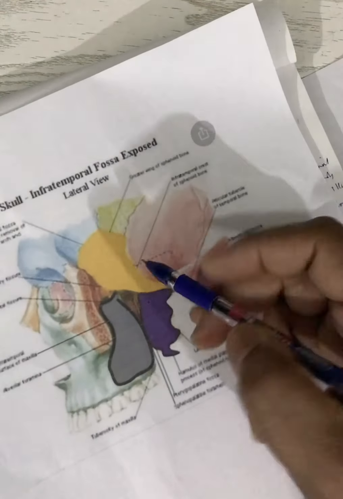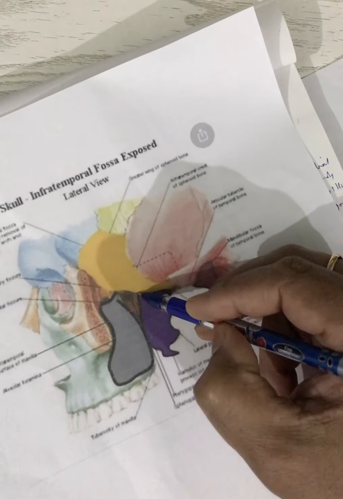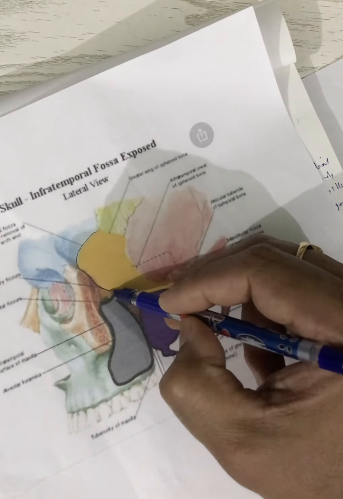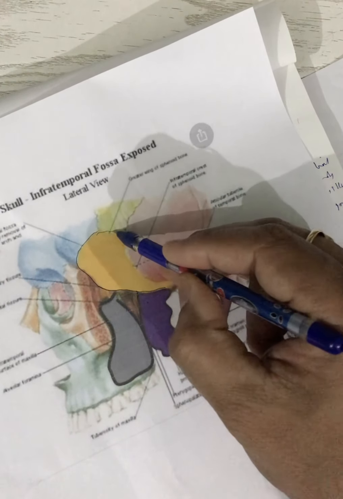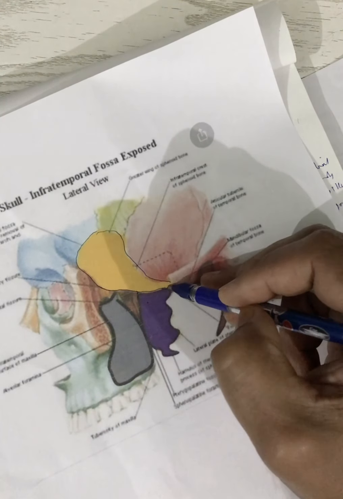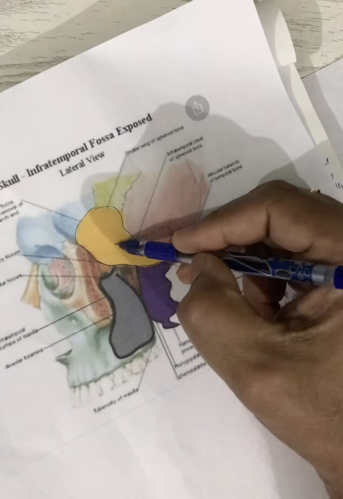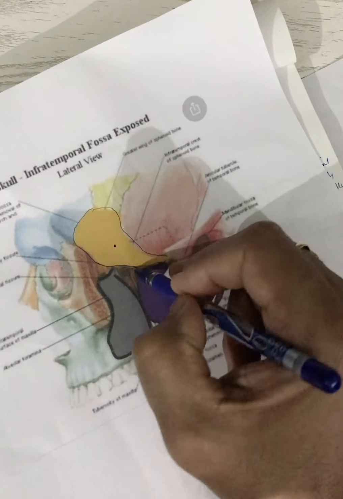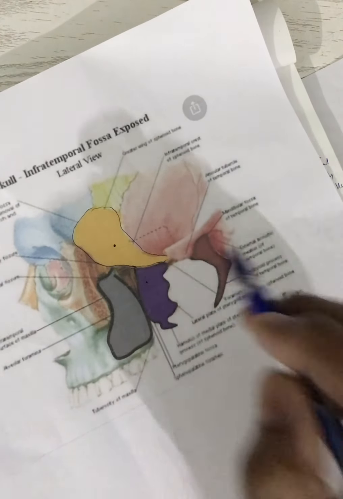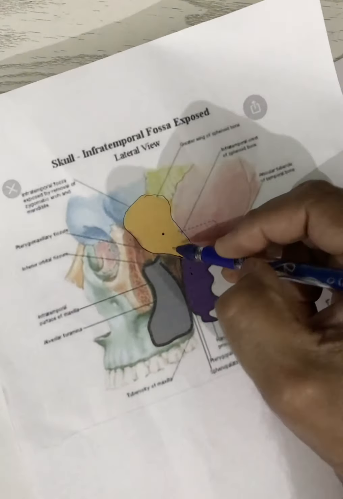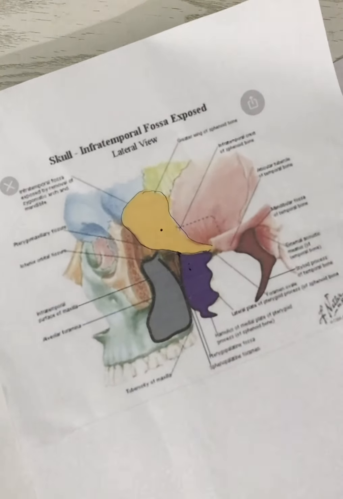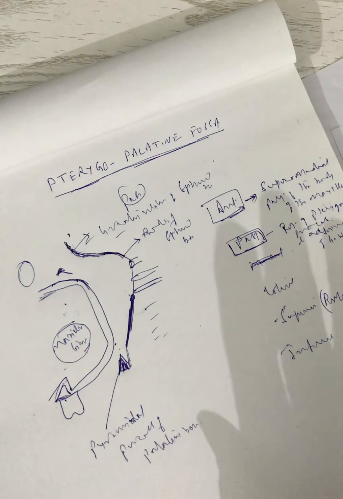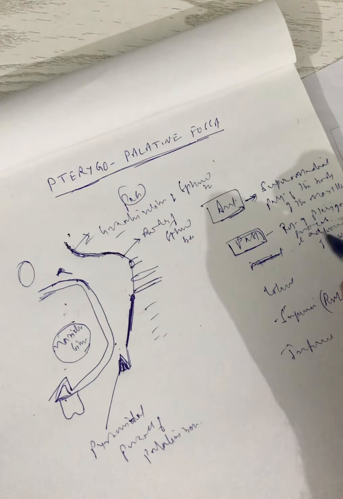See in this diagram, this is the root, and this yellow color is the greater wing of the sphenoid bone. This is the pterygoid plate, and their junction forms the posterior boundary of the pterygopalatine fossa.